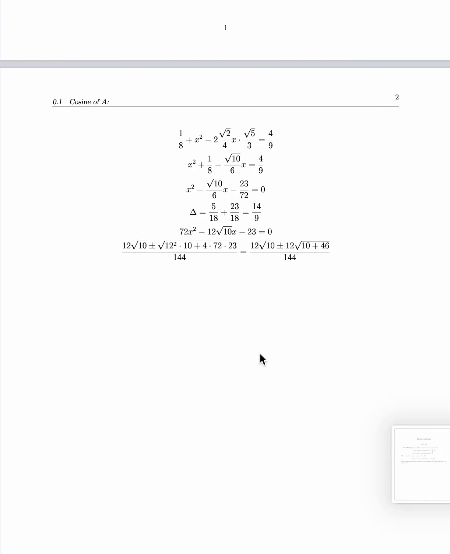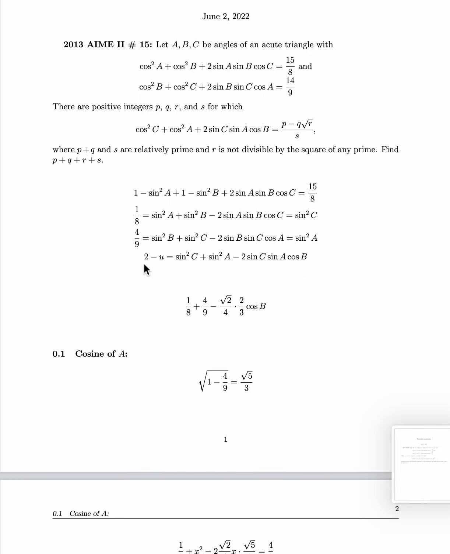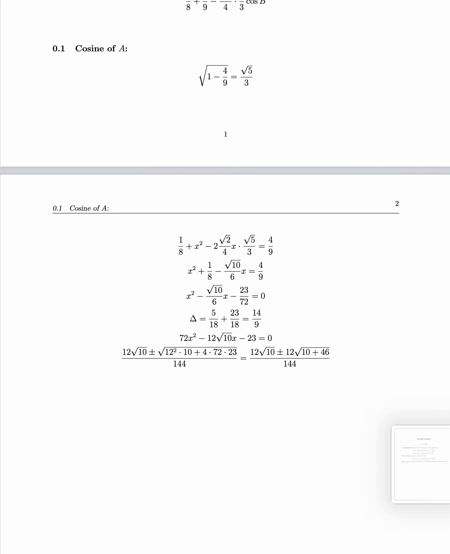So remember that what we wanted is we want to find 2 minus sine square b. But this one we have sine of b, so we have to square it.